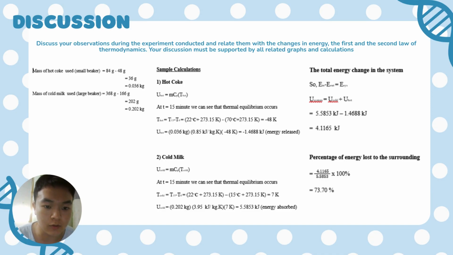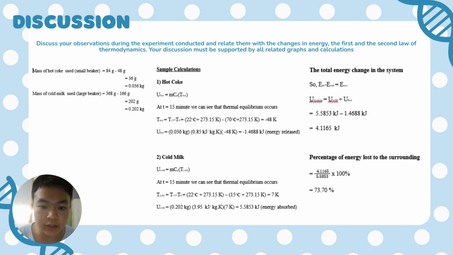For the hot coke, we get negative 1.4688 kilojoules, which is the energy released. For the cold milk, we get 5.5853 kilojoules, which is the energy absorbed. For the total energy change, we use the formula energy in minus energy out equals energy of the system, and we get 4.1165 kilojoules.